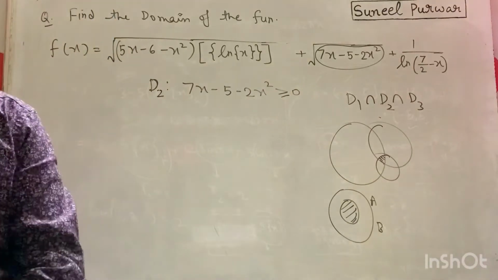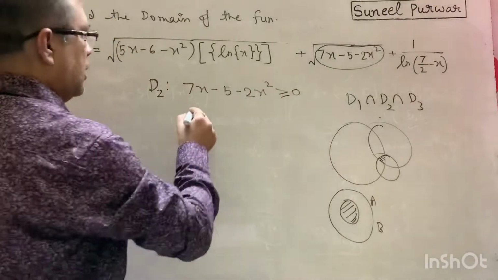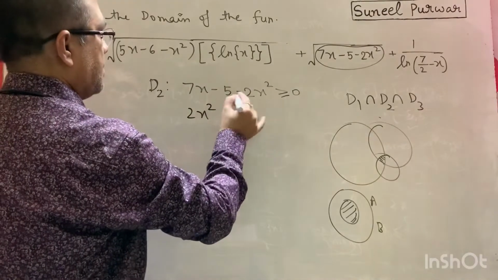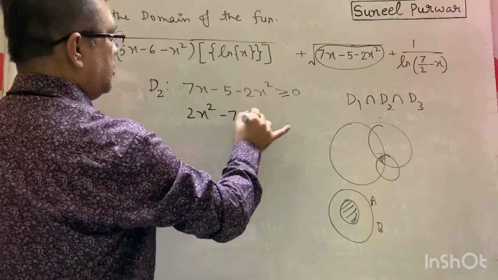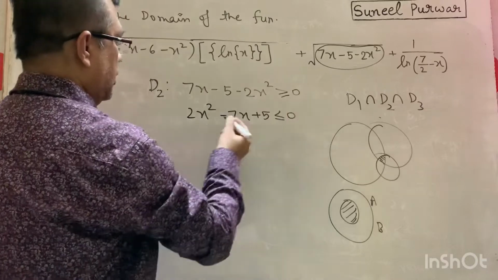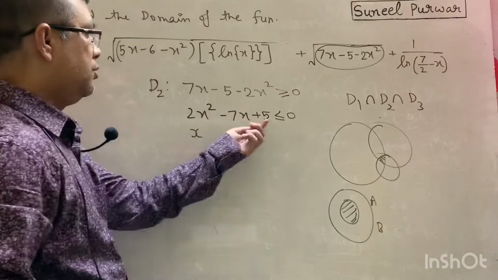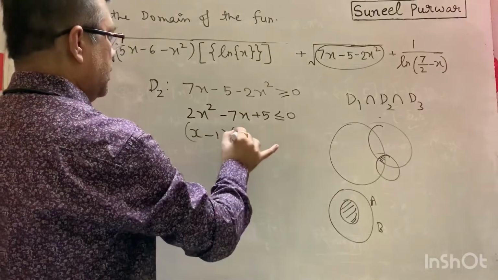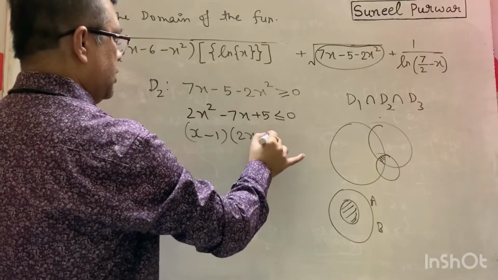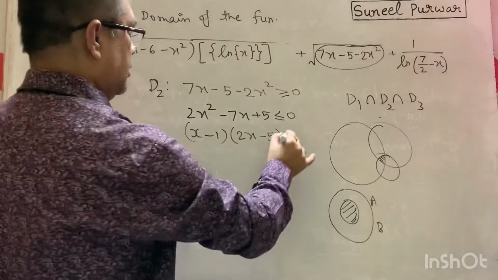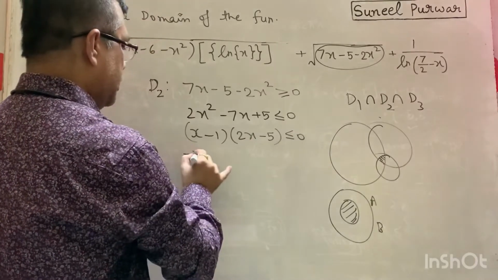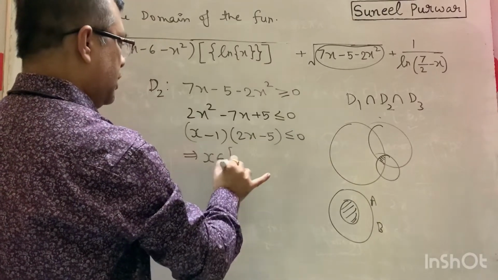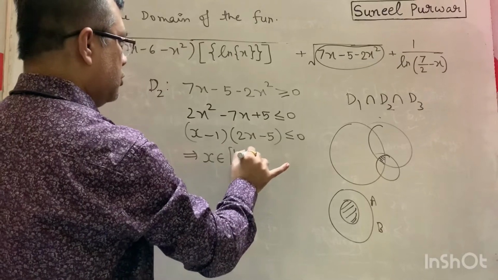Now, if you simplify this, it becomes 2x square minus 7x plus 5 less than or equal to 0. You can do the factorization. In fact, x is equal to 1 will give you 0. So x minus 1 is a factor, and 2x minus 5, that is also a factor, less than or equal to 0. So this implies x lies in the closed interval 1, 5 by 2.